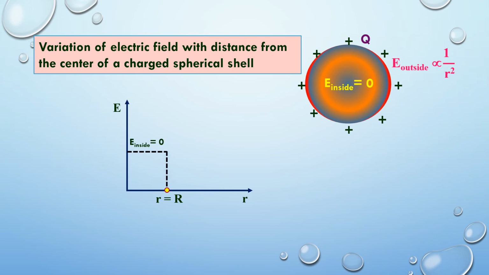Then, as the distance increases beyond the radius of the sphere, the electric field outside is inversely proportional to r squared, and hence we get this curve.